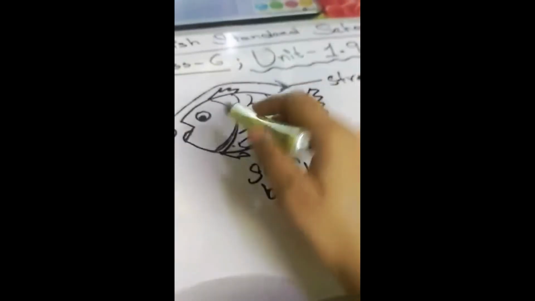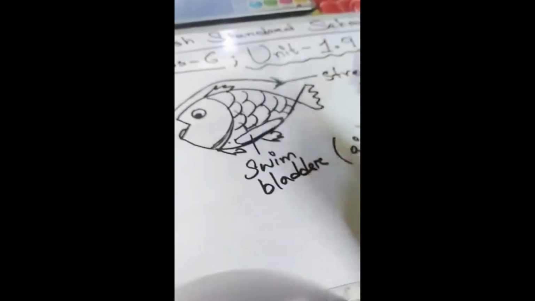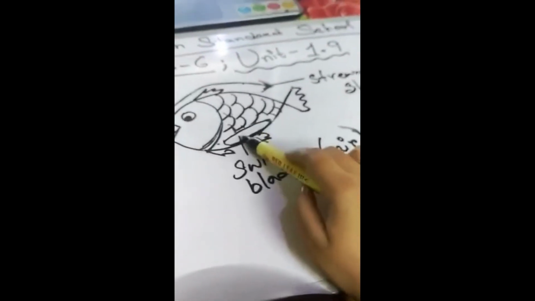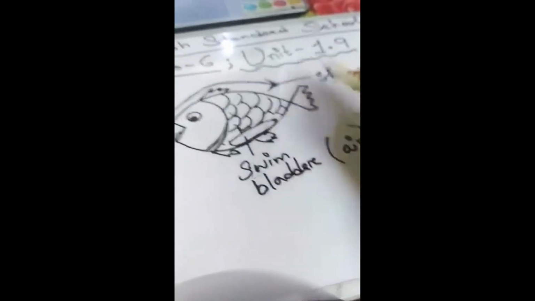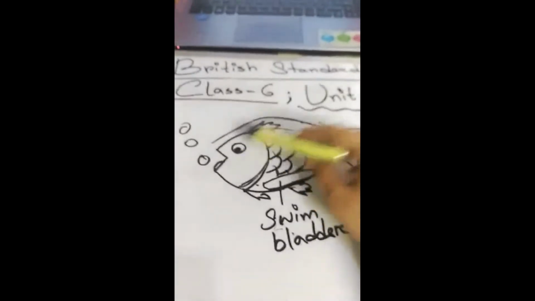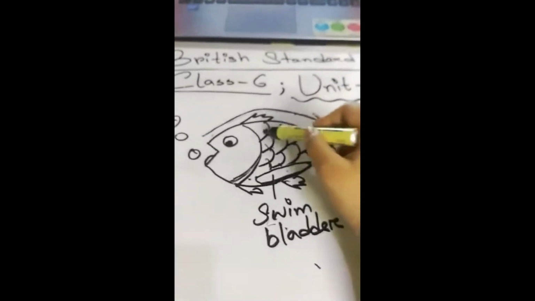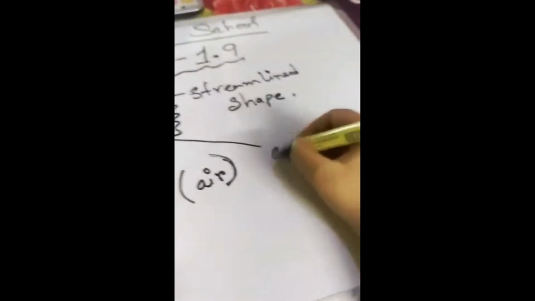So these are some basic characteristics of a fish. They have a streamlined shape, they have a swim bladder, the important ones. These two are mainly the important ones. They can easily swim through the water. They have this streamlined shape, this swim bladder, and the overlapping scales.